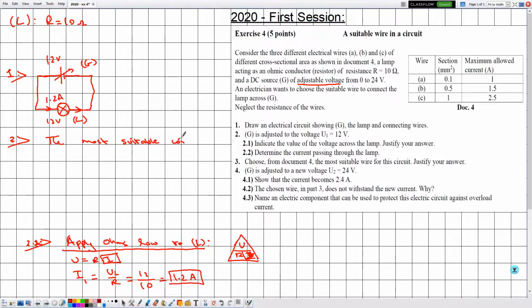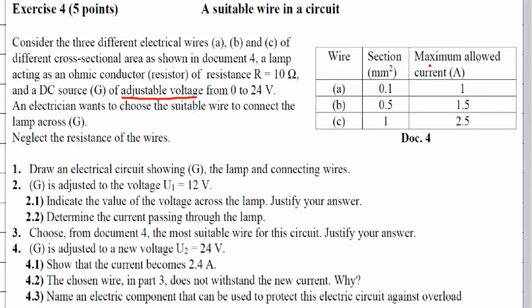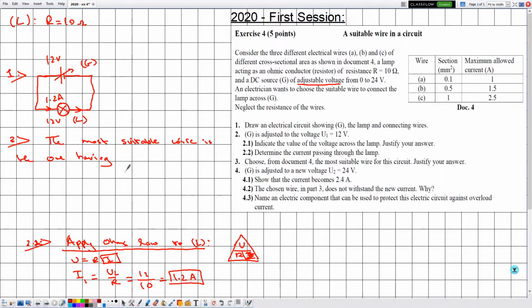wire is the one having. Now here they are referring to the maximum allowed current, so let's use this.